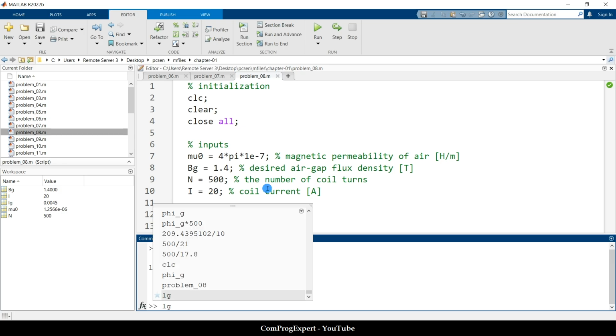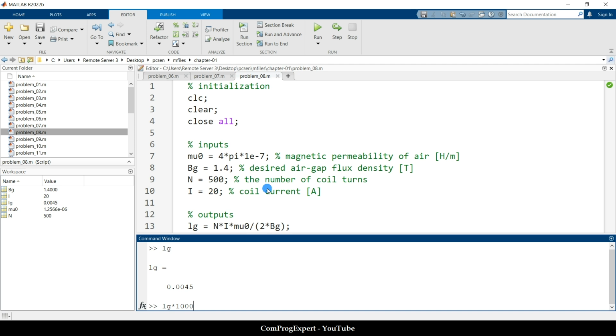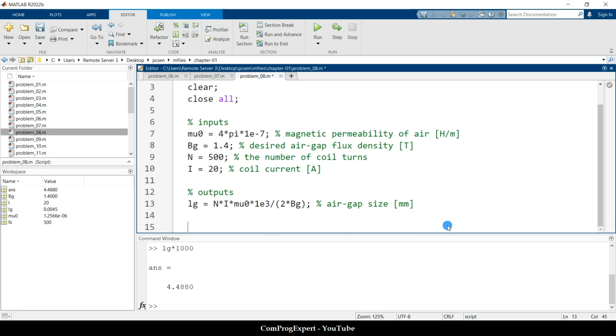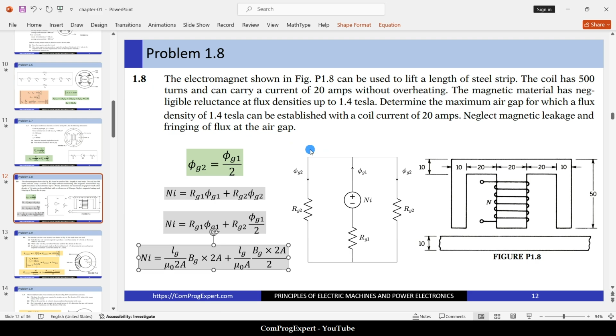If I multiply it by 100, it is 4.48 millimeters, right? So this is the air gap size. The unit is millimeter. This is the maximum air gap length for which this flux density is established.